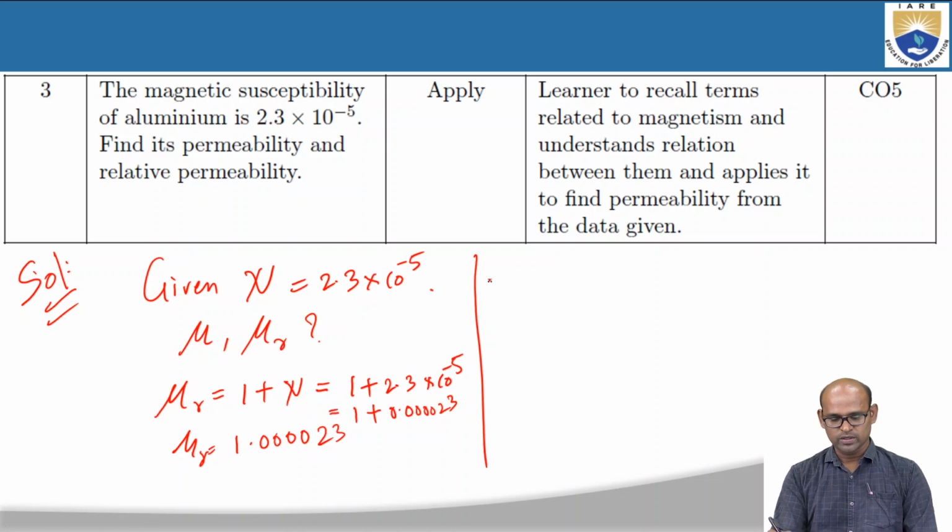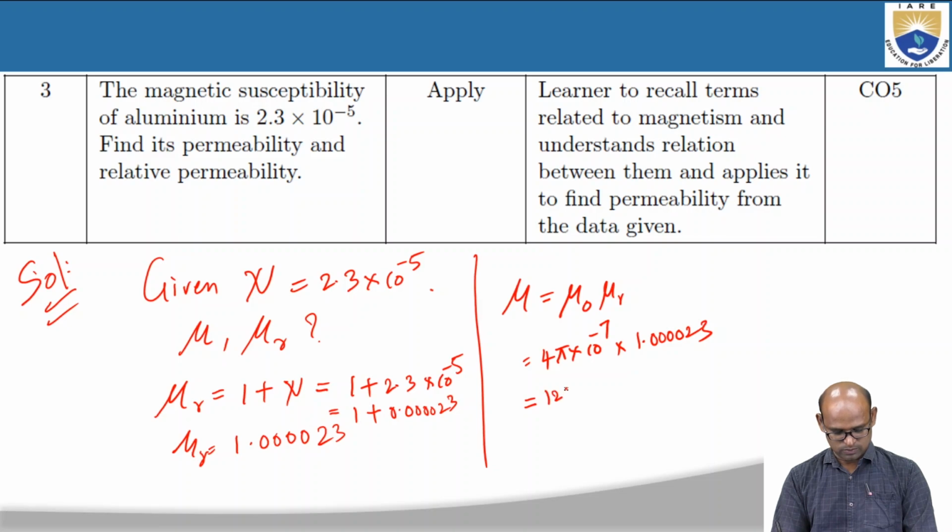Okay, so next what we need to find out? Relative permeability we have calculated, and then we have to find out permeability, which is mu naught into mu r. So mu naught we know 4 pi into 10 power minus 7, and mu r is this value 1.00002. Okay, so the value of mu is 12.56 into 10 power minus 7 Henry per meter.